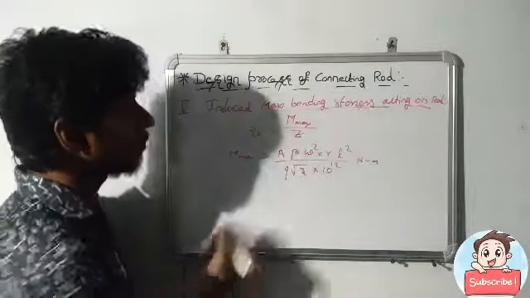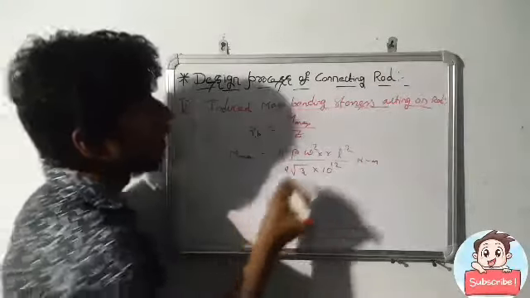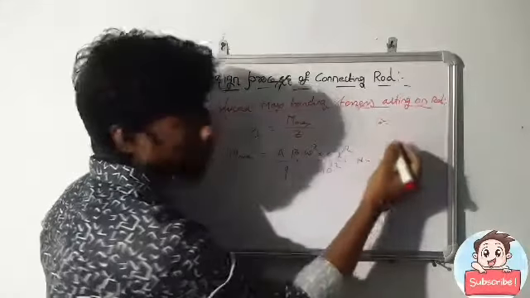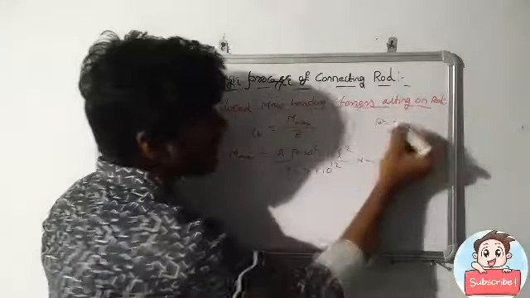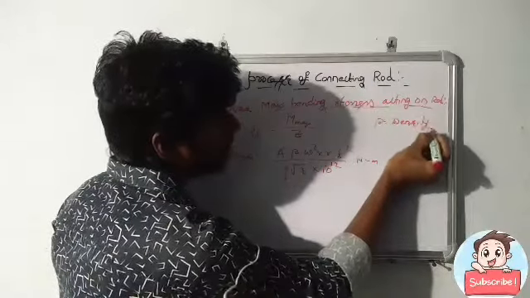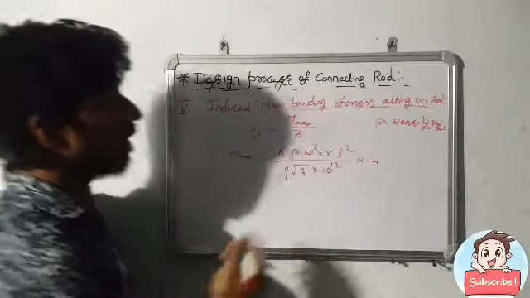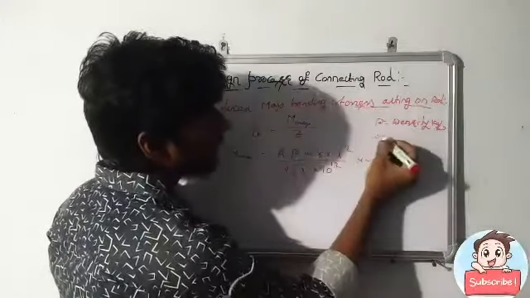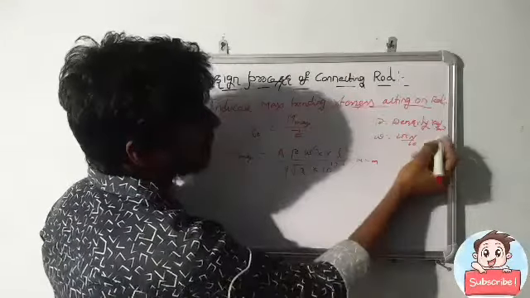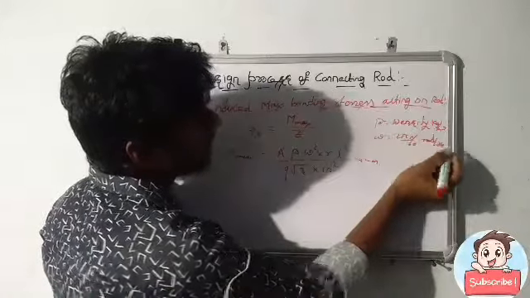So let's see M maximum. Here A is the area of the cross section, and rho is the density of the material. That means which type of material we consider and what is the density of that material. So this is about the rho, and we already found the omega, the angular velocity, that is 2 pi n by 60 radians per second.